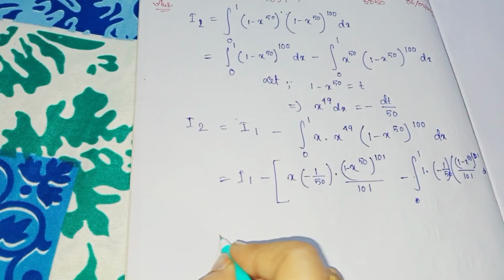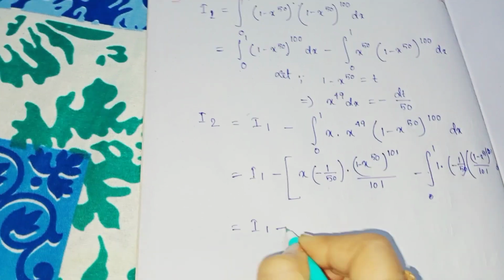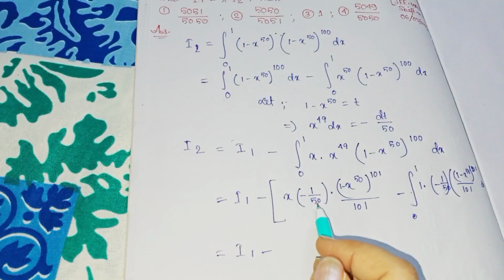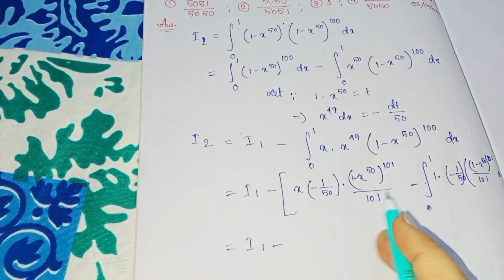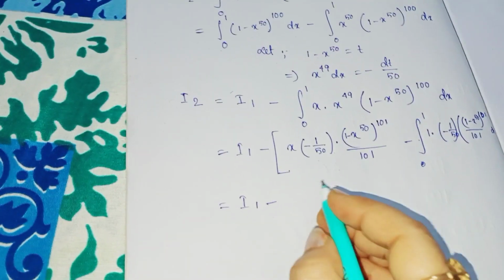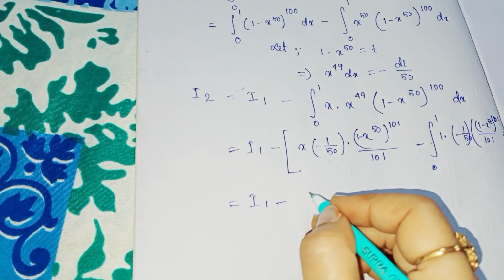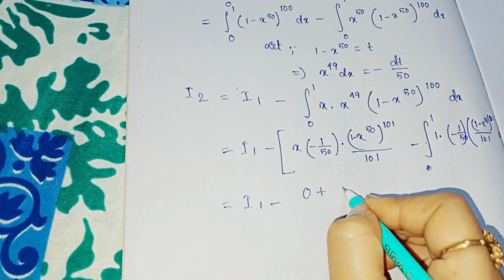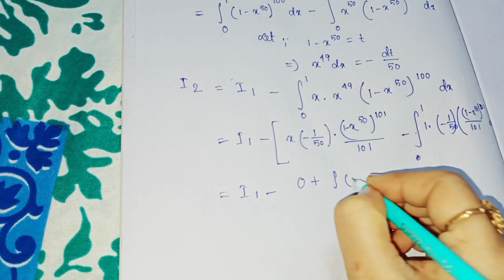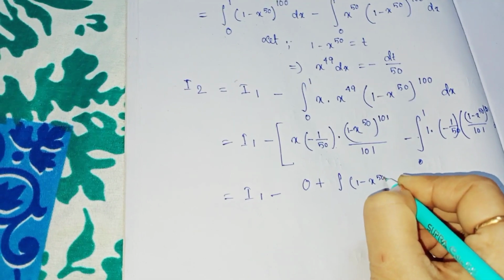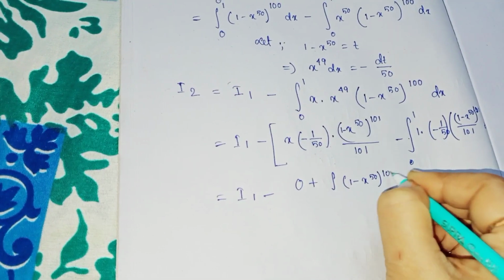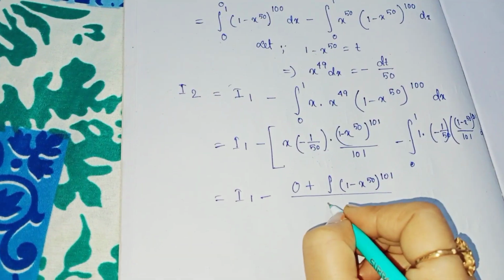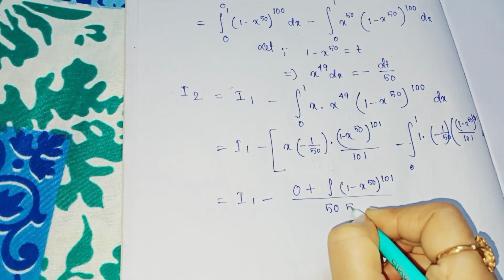Now this is I1 minus this. When we put the limit, this one becomes 0, so now the remaining term is 0 plus the integral of (1 minus x to the power 50) whole to the power 101 divided by 5050.